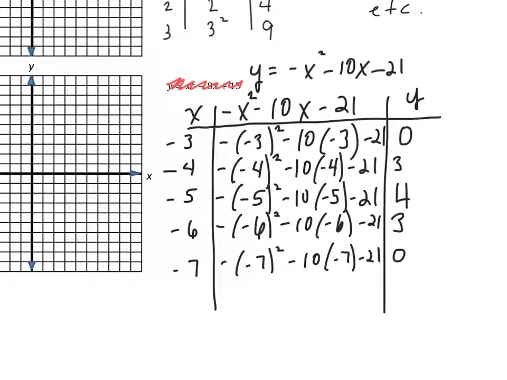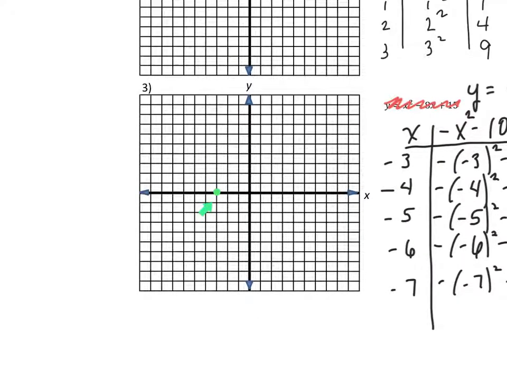I'm not going to list these out as points this time, but we are going to plot them. So here I've plotted negative 3, 0. So we start at the origin and go left 3 spaces, but we do not go up or down at all. The next point is negative 4, 3.